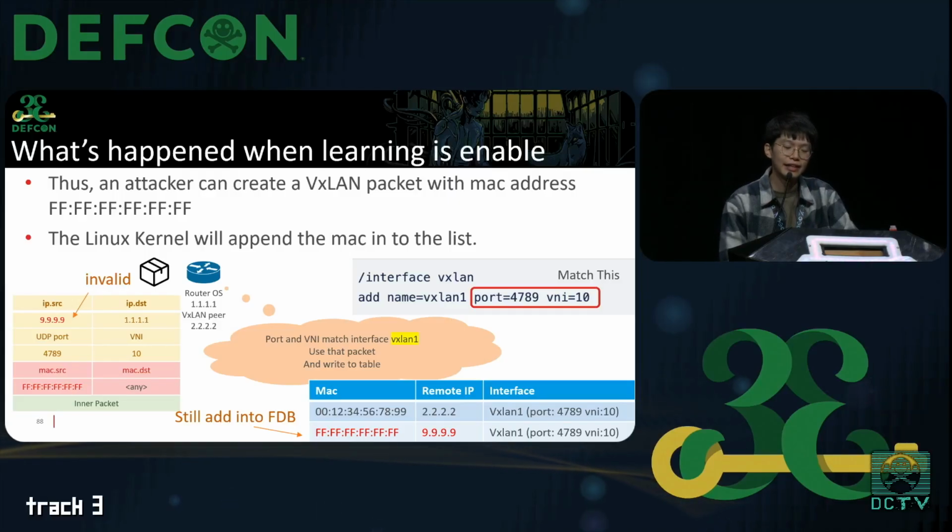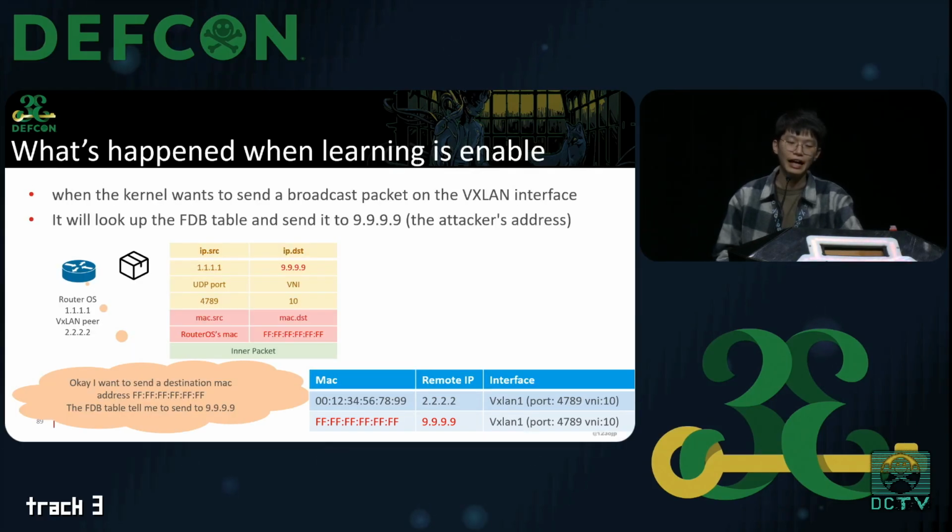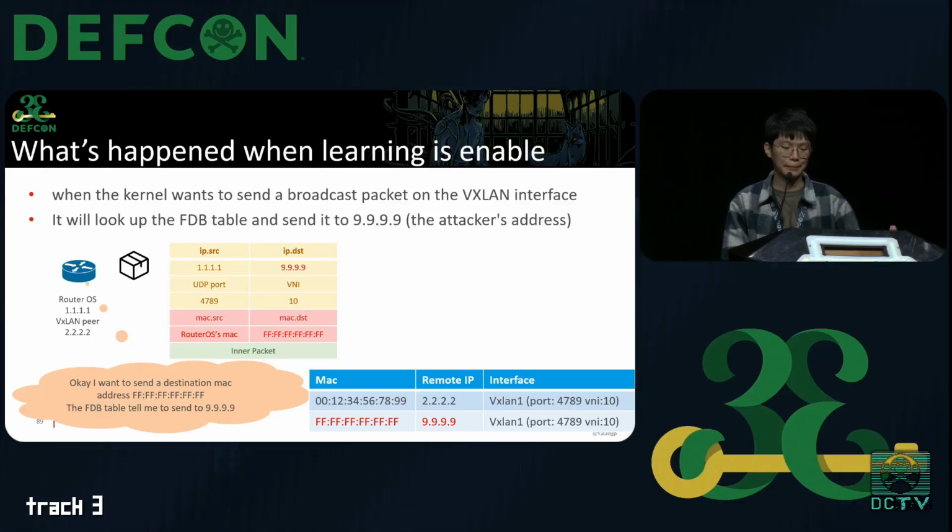Thus, an attacker 9.9.9.9 can create a VXLAN packet with a MAC address, which is the broadcast address FFFFFF, and the Linux kernel will add this MAC address to the list. Then, when the kernel wants to send a broadcast packet on the VXLAN interface, it will look up the FDB table and send it to the attacker server, which is 9.9.9.9.